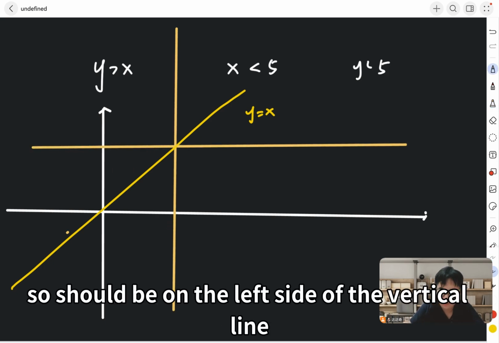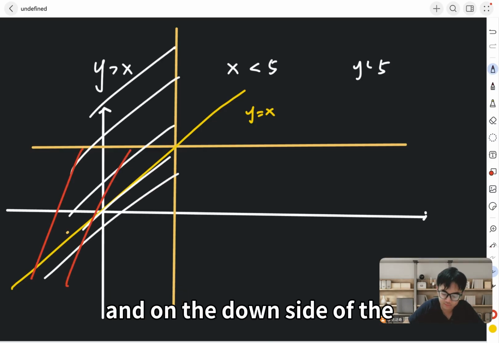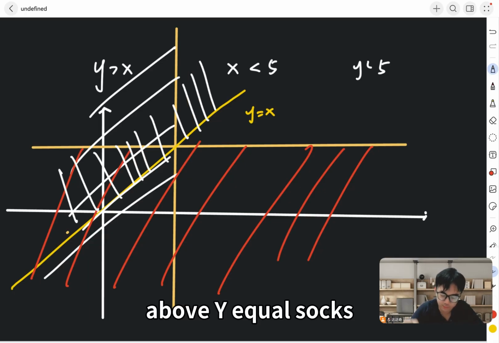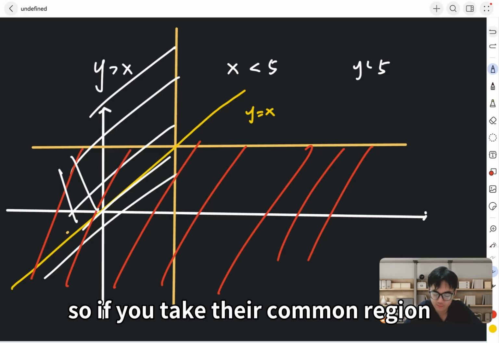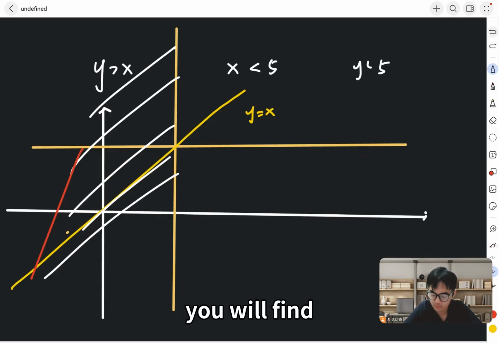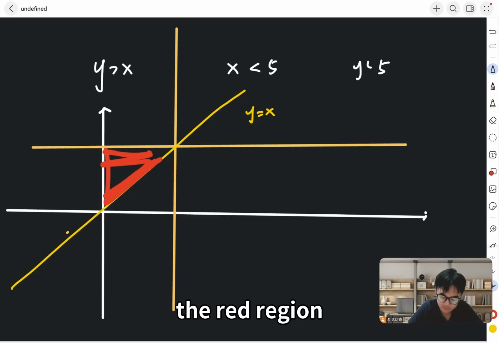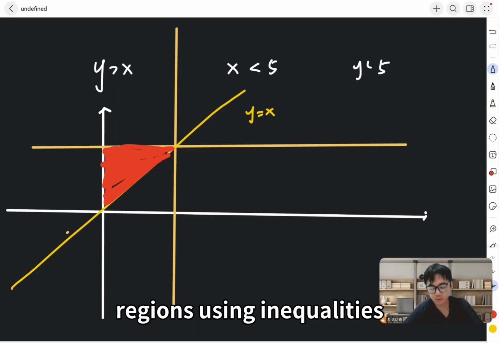So it should be on the left side of the vertical line and on the down side of the horizontal line, and it's above y equals x. So if you take their common region, you will find the shaded area would be here, the red region. So that's how we express regions using inequalities.